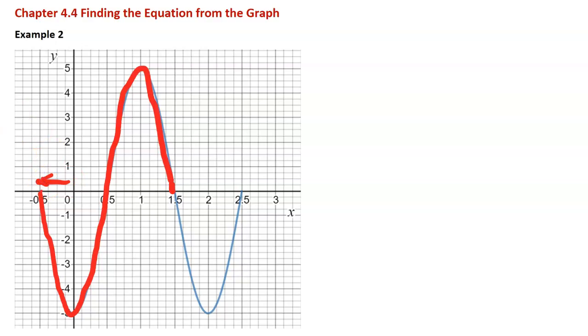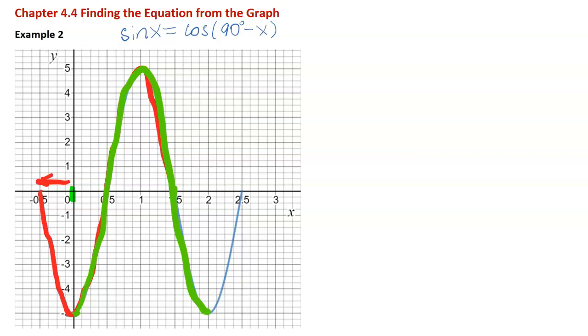If you look at the graph from x equals 0 to x equals 1.5, it looks like a cosine graph, also reflected about the x-axis. Remember that sine and cosine are cofunctions, meaning that sine x equals cosine of 90 degrees minus x, and vice versa. So let's find the equation of this graph both in sine and cosine forms.